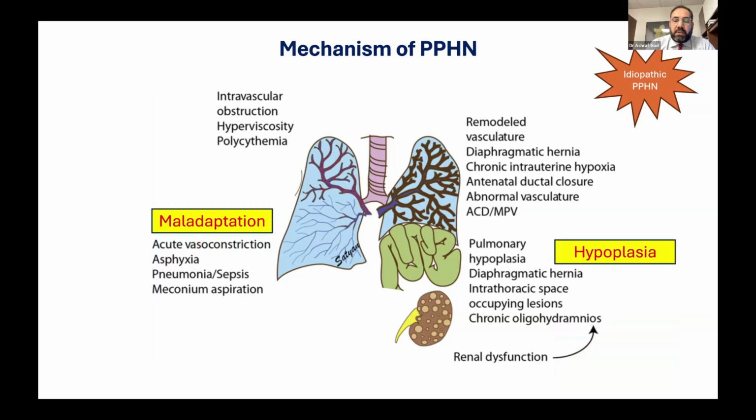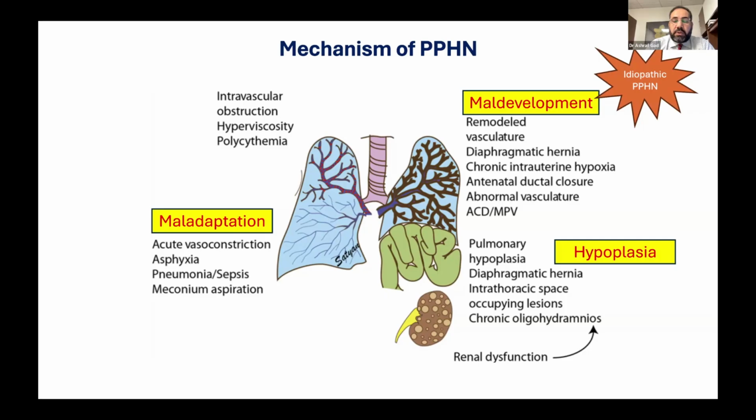When remodeling happens, these babies will have maldevelopment, and this remodeling happens because there's another ongoing process within the lung itself that can cause the vessels to structurally change, and some of these cases are intractable, like alveolar capillary dysplasia and malalignment of the pulmonary vessels, and some of these other conditions secondary to CDH and so on.